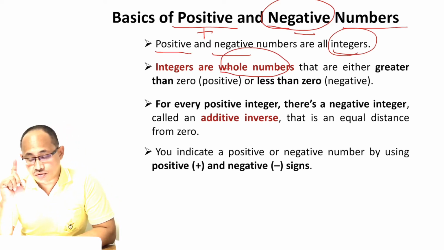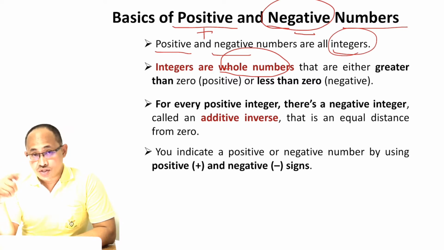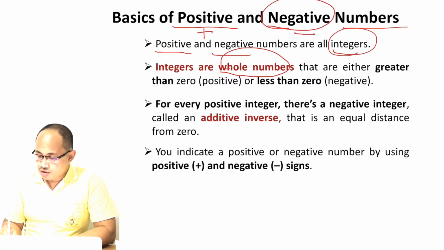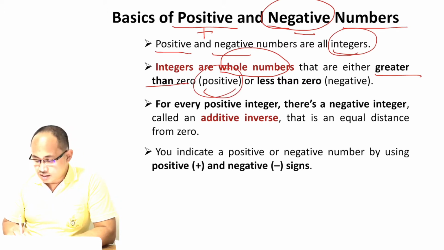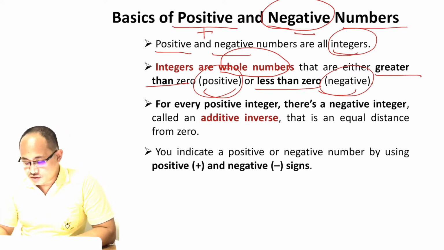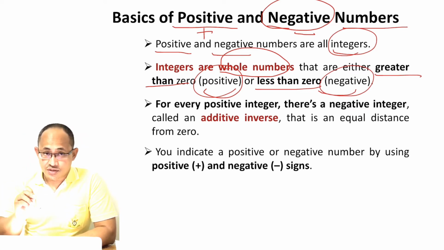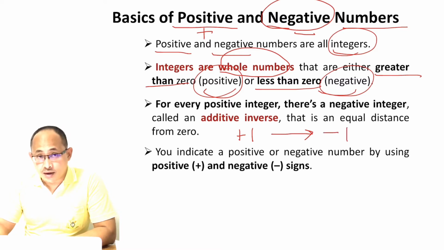Integers are whole numbers that are either greater than 0 or less than 0. When you say greater than 0, it is positive. When it is less than 0, it is negative. For every positive integer, there is a negative integer. For example, if you have positive 1, there is also a corresponding negative number, which is negative 1.